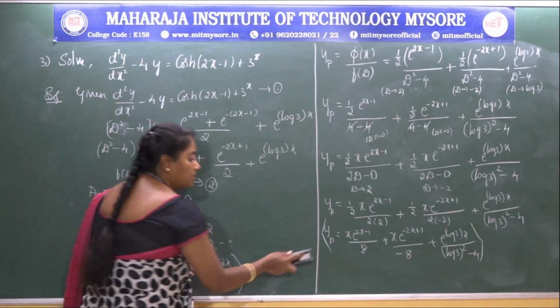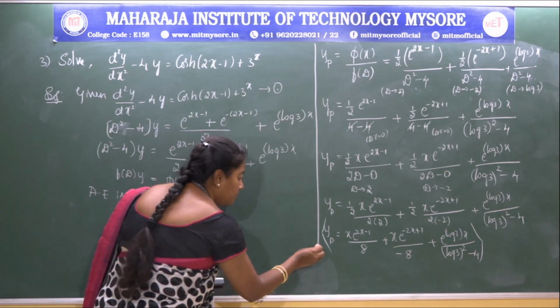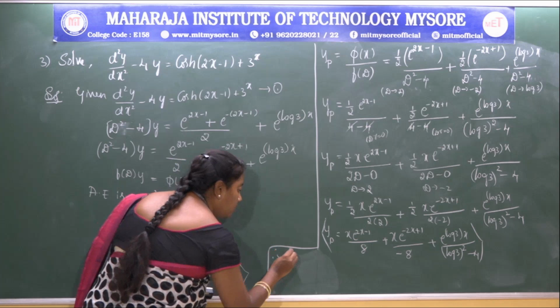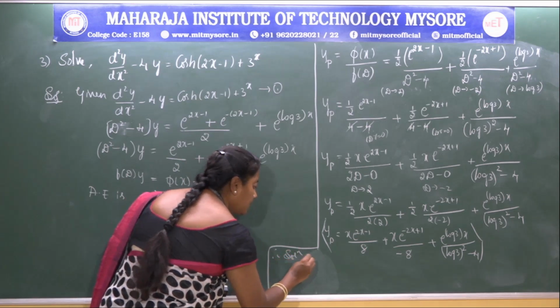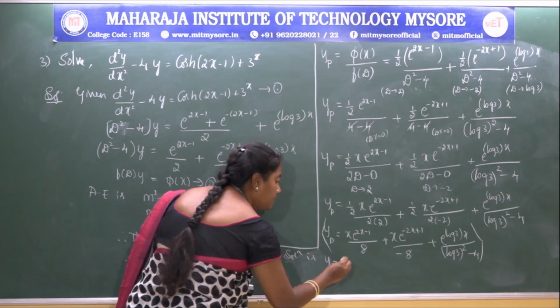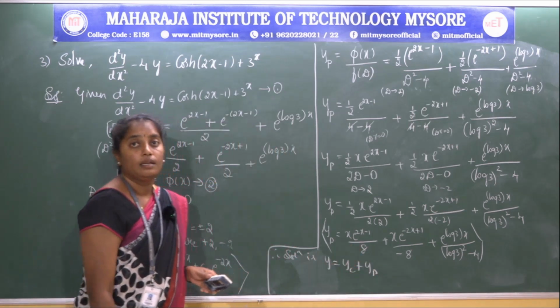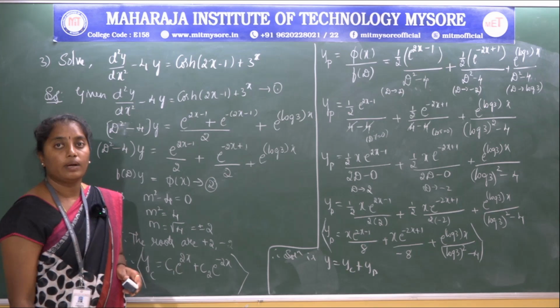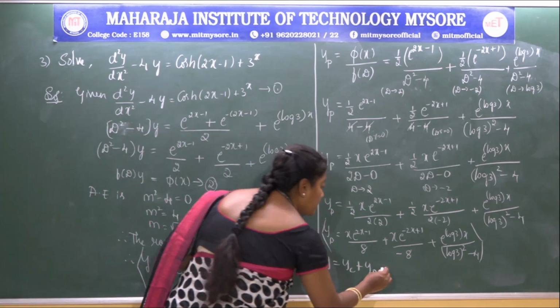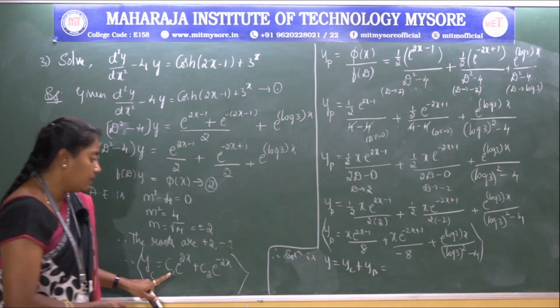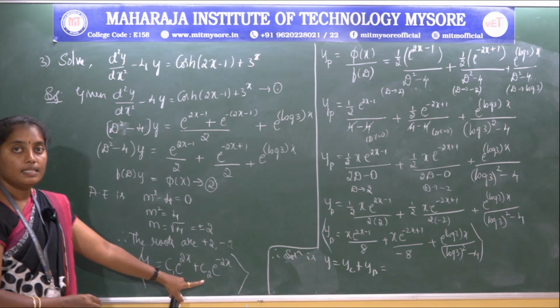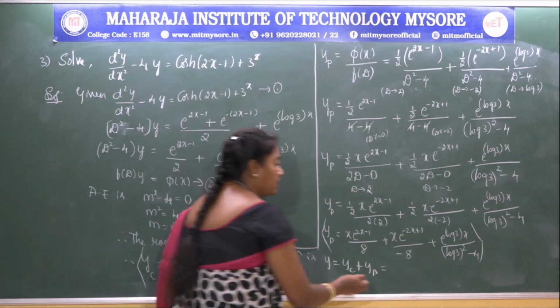Next, to write the solution of the complete problem, the solution is y is equal to yc plus yp. What is the value of yc here? c1 e power of 2x, c2 e power of minus 2x.